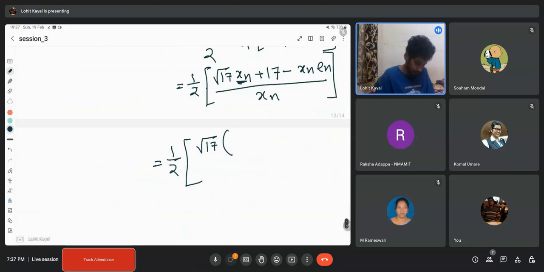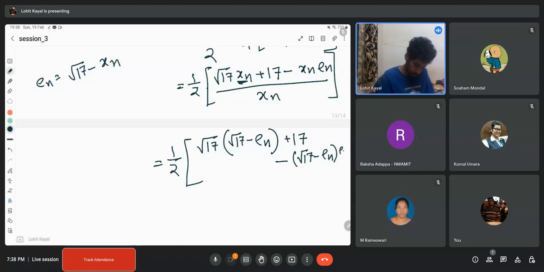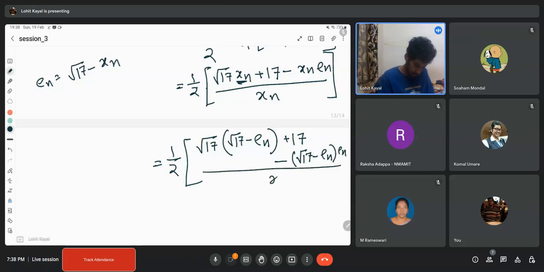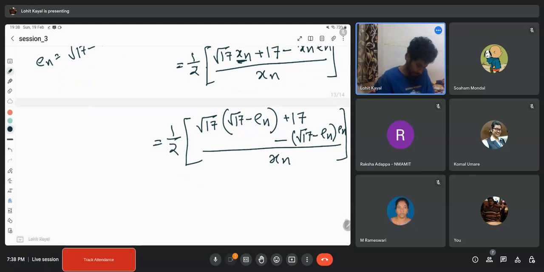In place of xn, I am substituting the square root of 17 minus en, because remember, en equals the square root of 17 minus xn. So it is again plus 17 minus, in place of xn, write square root of 17 minus en into en by xn.